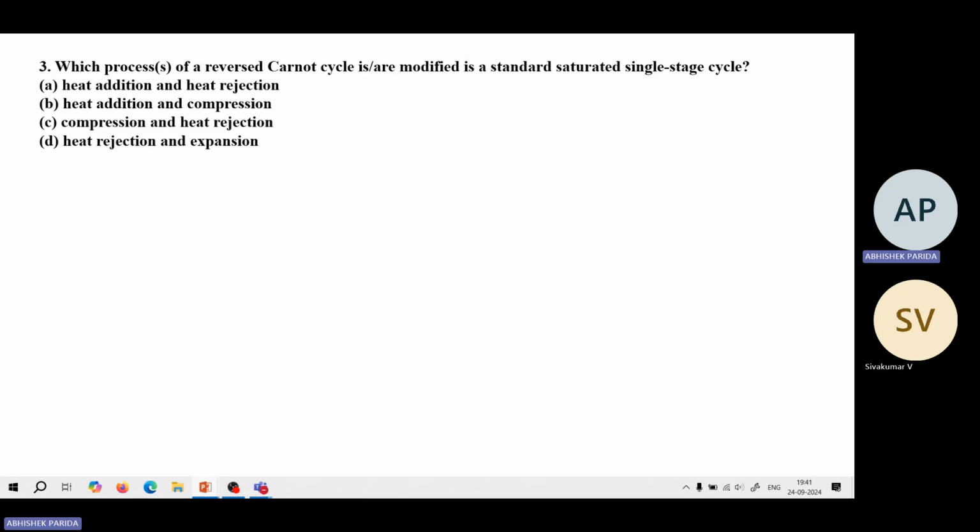Question number 3: which process or processes of a reversed Carnot cycle are modified in a standard saturated single stage cycle? That can be referred to question number 1, and you can answer this question.